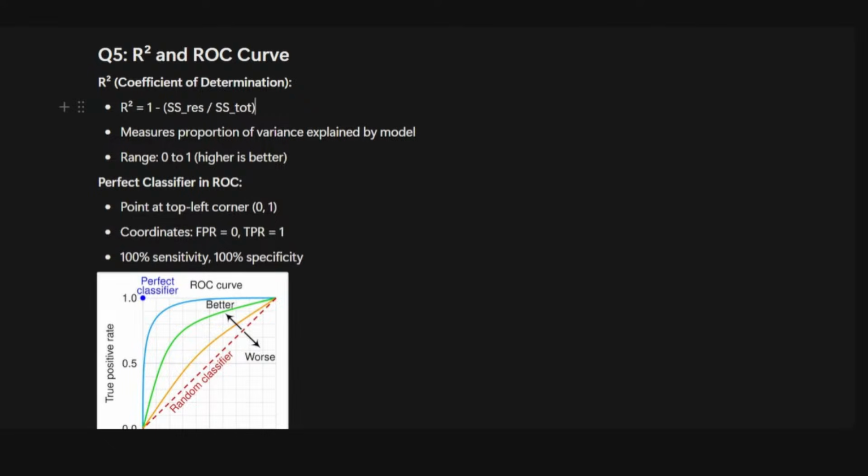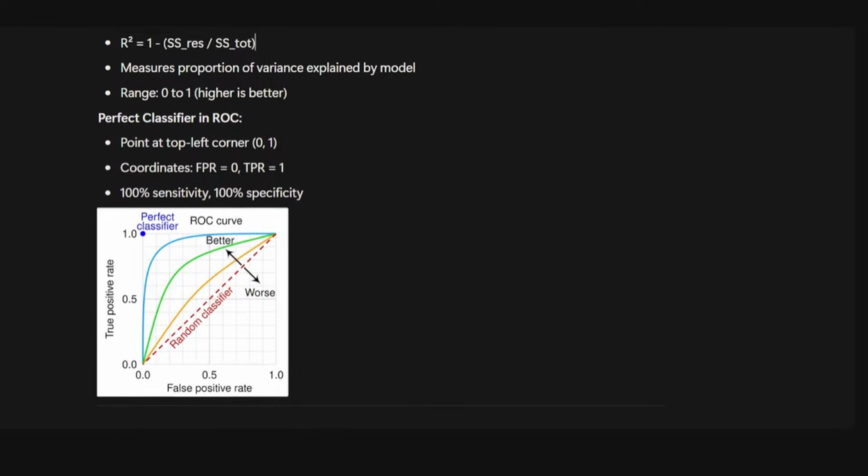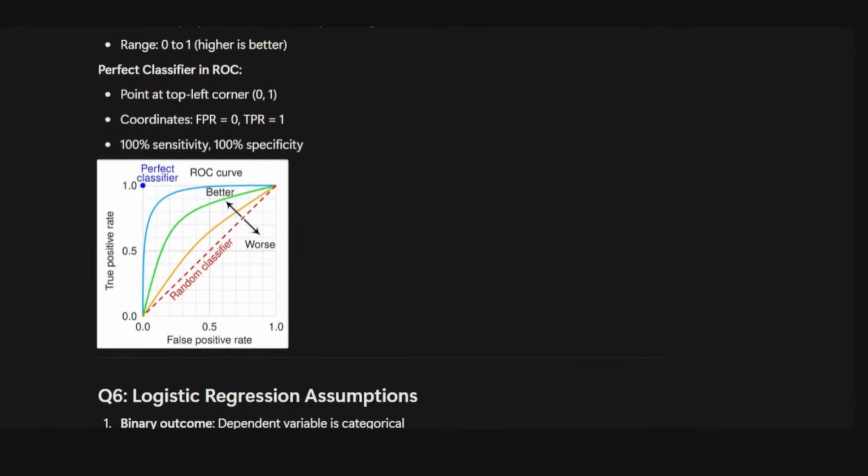After which you have your graph for the perfect ROC curve classifier. Over here, just ensure you have your ROC curve, in which you have your random classifier, which is going to be your base model. Anything that falls below this classifier will be a really bad model.